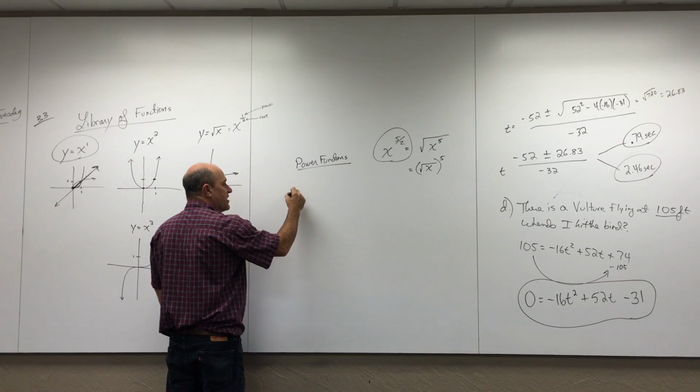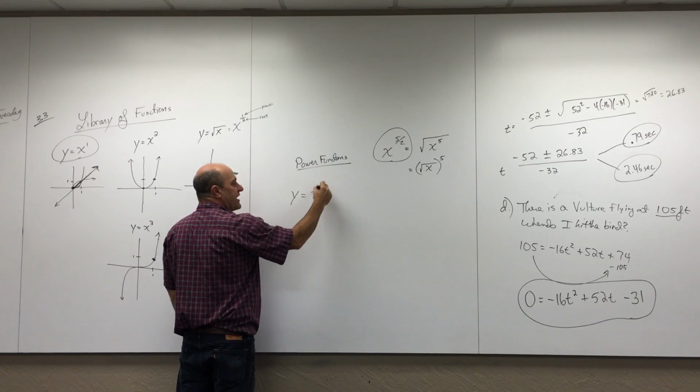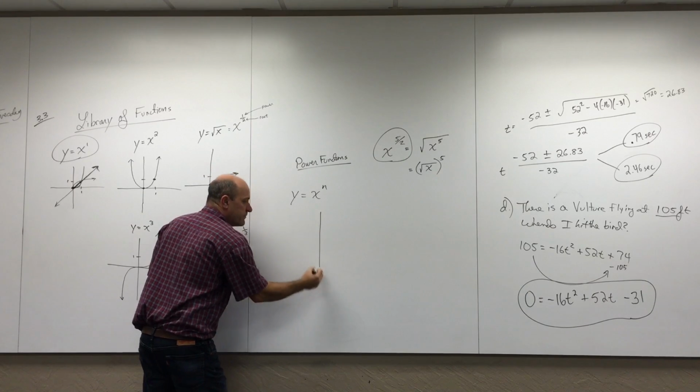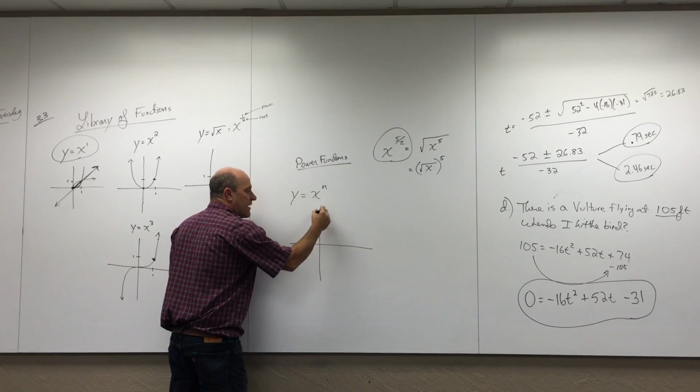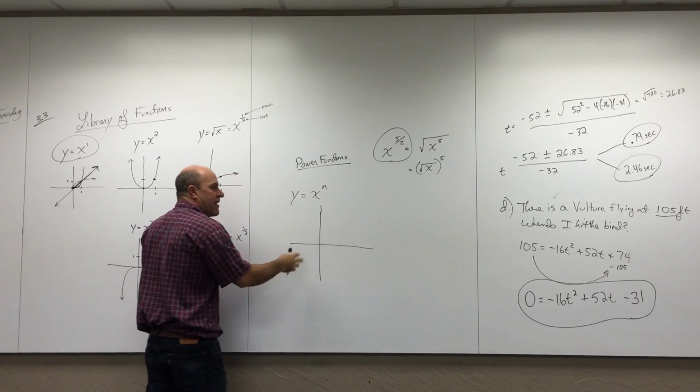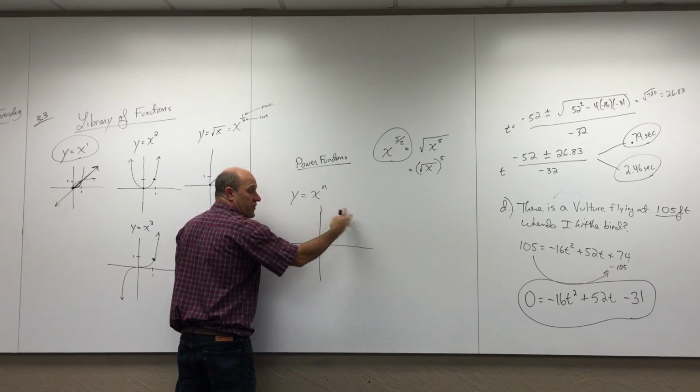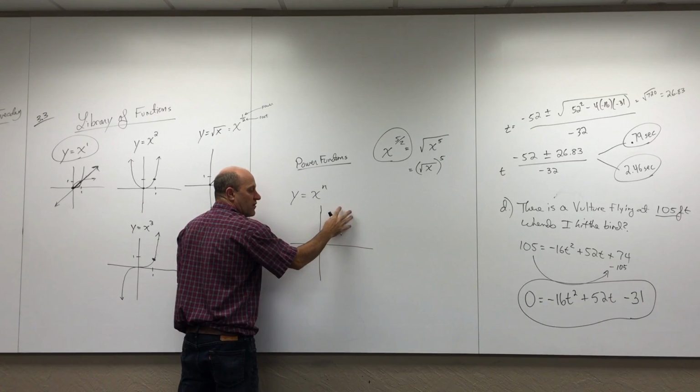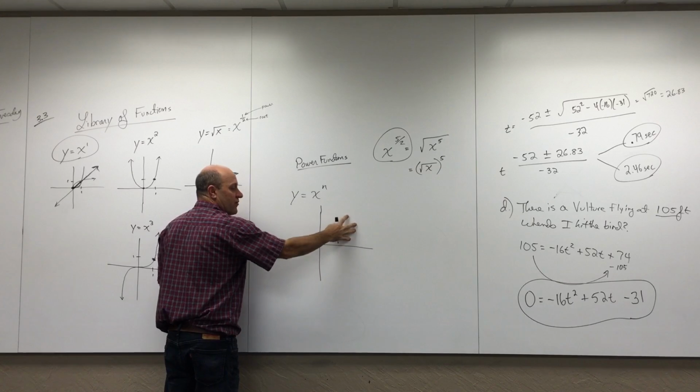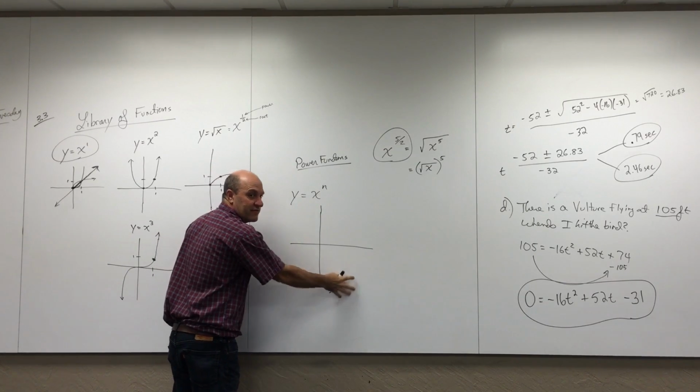Now here, watch this. I'm talking about power functions where we have x to a power, and here's a little picture that helps. I don't really care about the rest of the graph. I'm focused on this first quadrant here. We call this quadrant 1. Did you know that? Quadrant 1, quadrant 2, quadrant 3, quadrant 4.